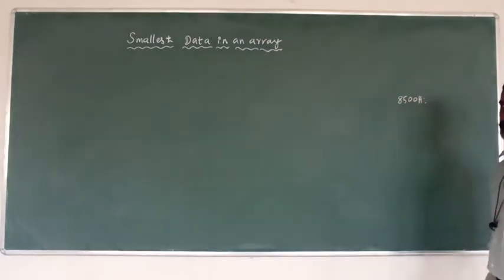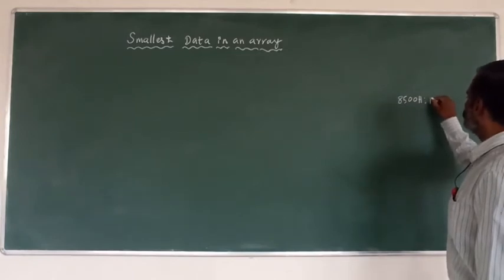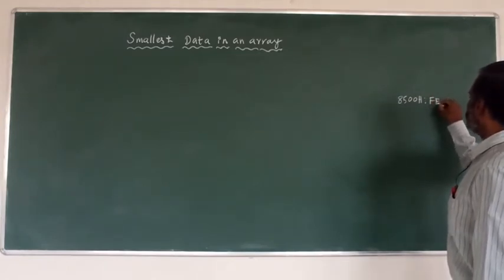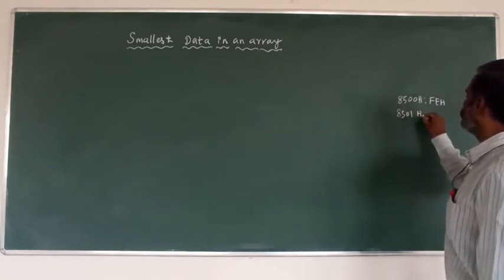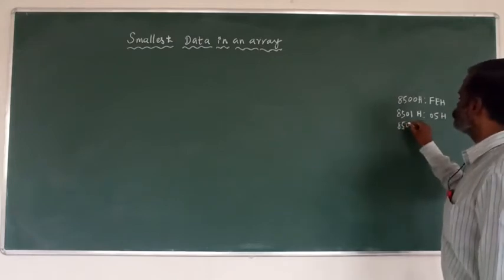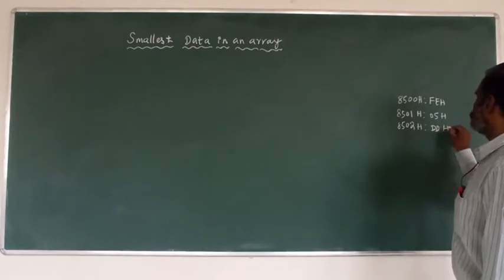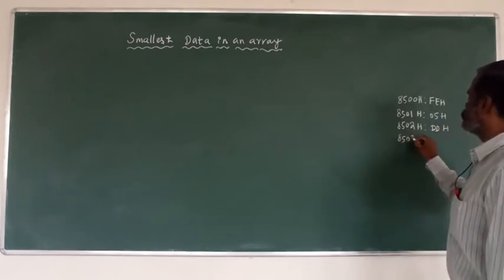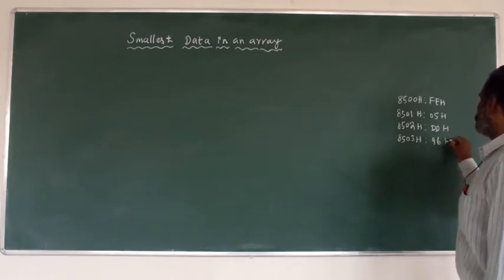Data address 8500H. Data 1 is FEH. 8501, 05H. 8502, DDH. And 8503H, 96.